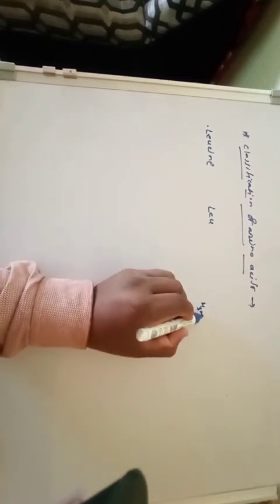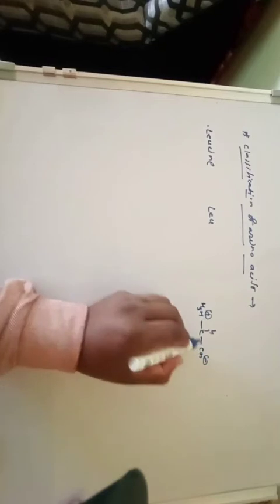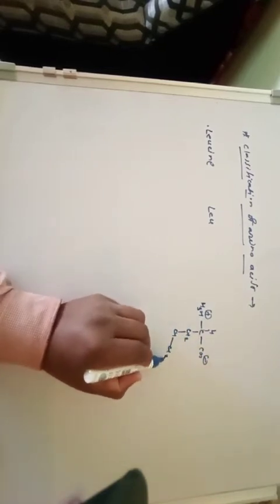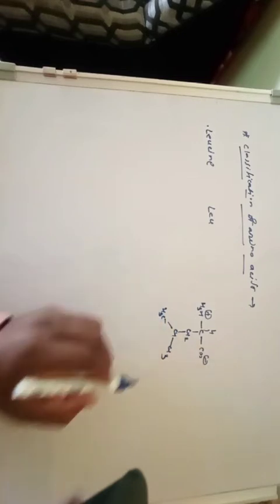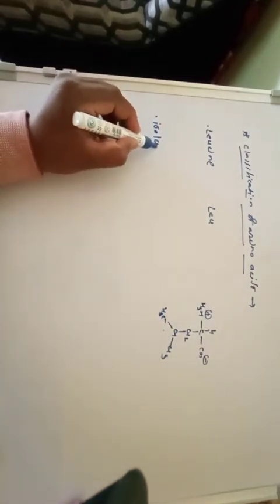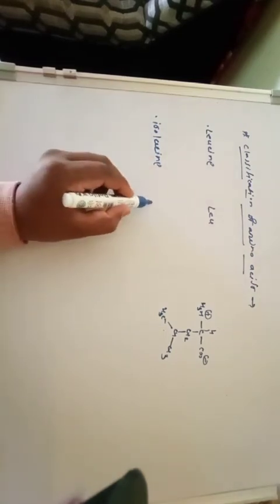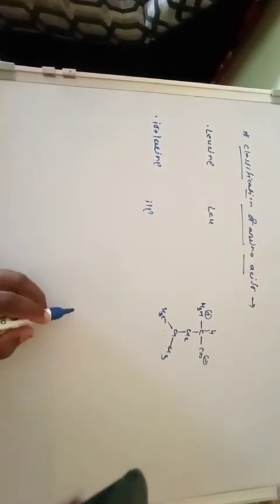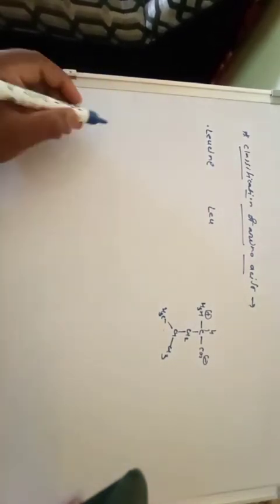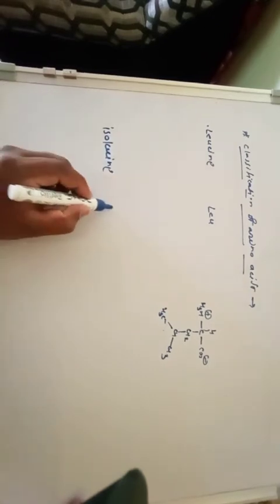It is NH3 positive, CH CO minus, CH2, and then CH3. The next one is isoleucine, ILE.